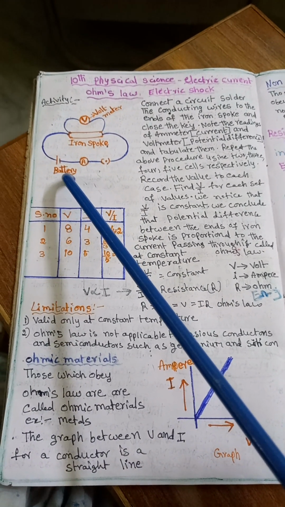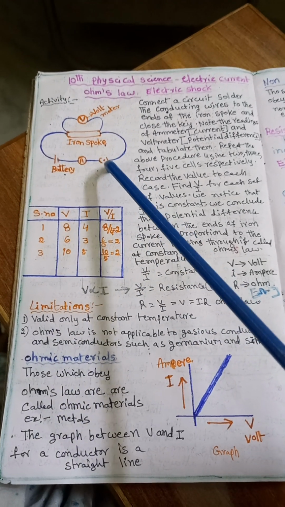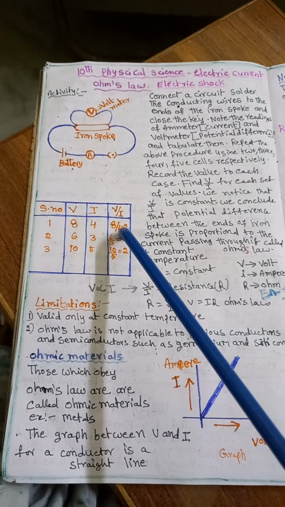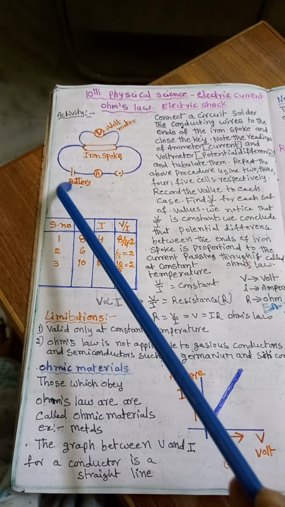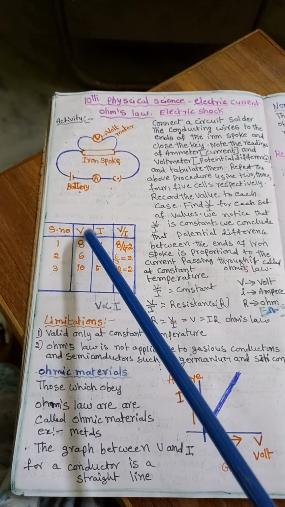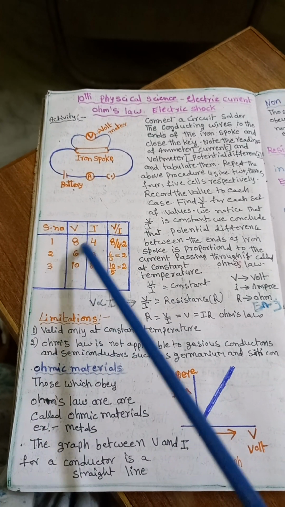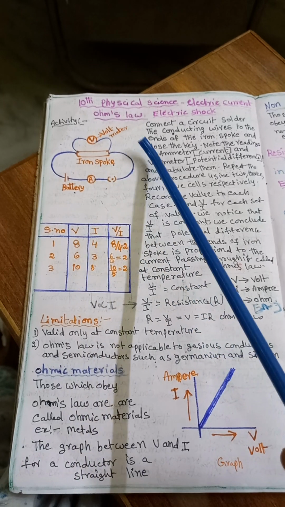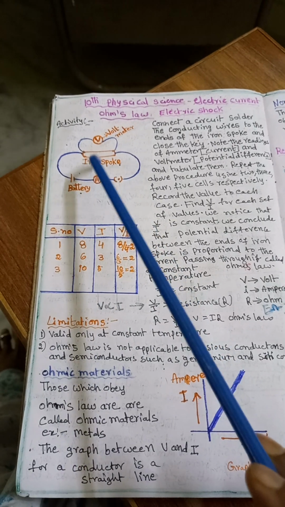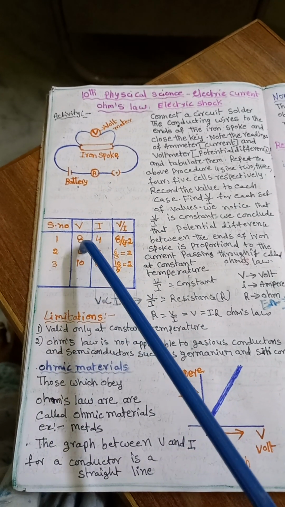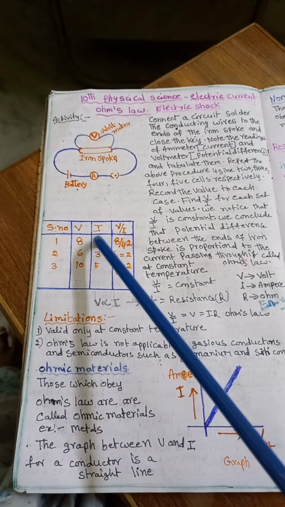First, one cell is used in the battery and observe V by I. V by I means, when one cell is used in the battery, the current passed through this wire is 4, and the potential difference is 8, shown by the voltmeter.